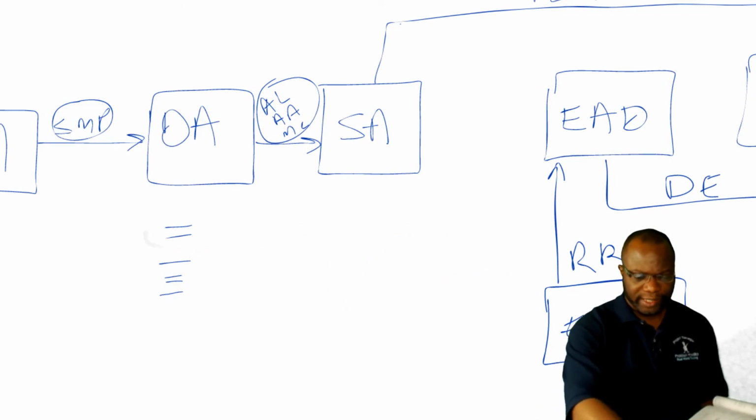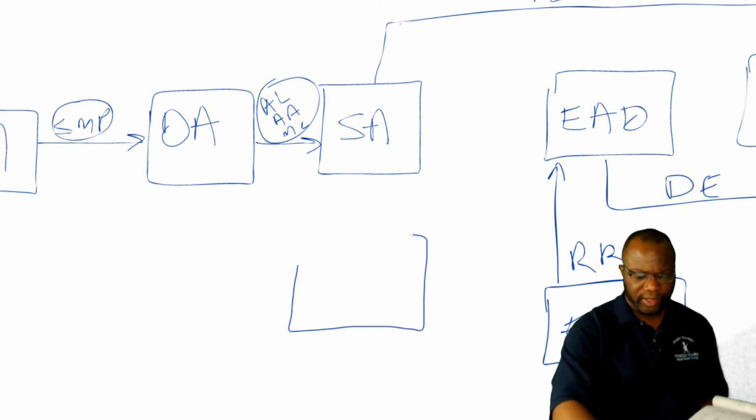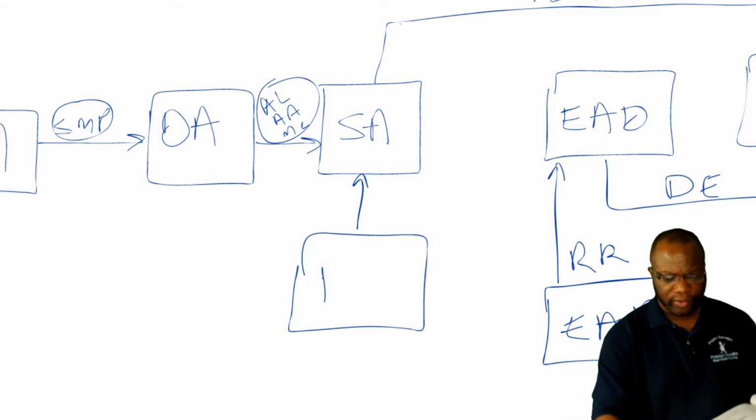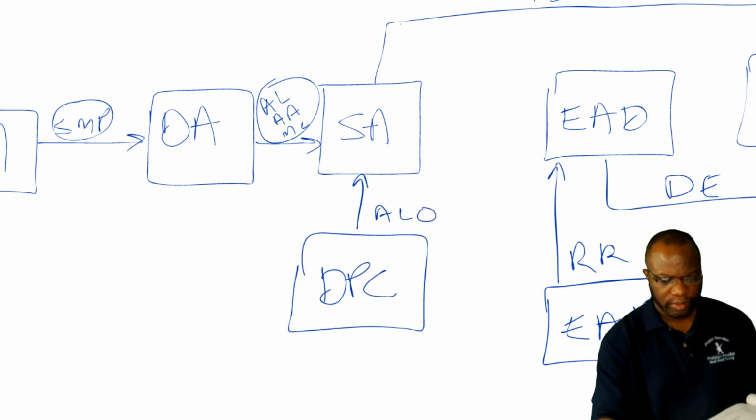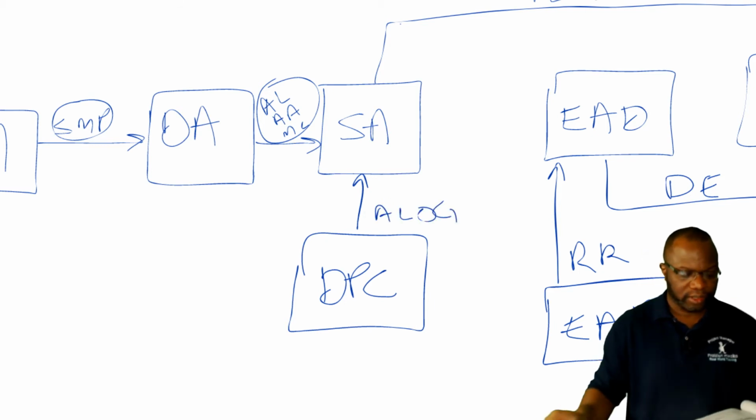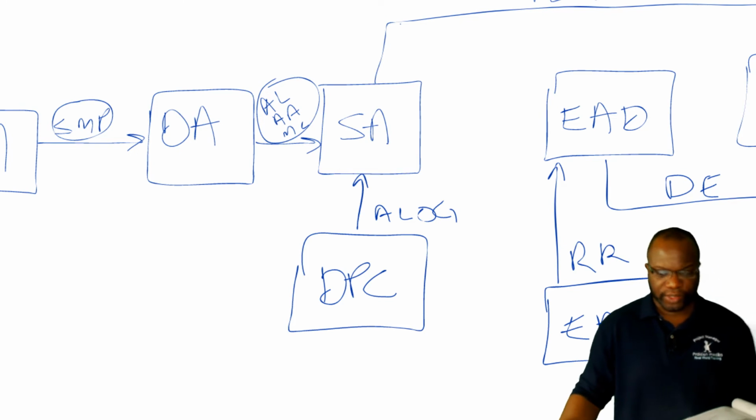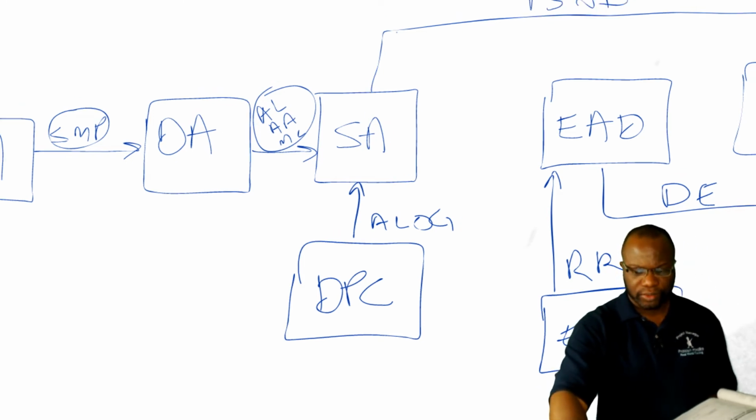When you are sequencing activities, you should consider anything assumed. And therefore, the develop project charter process gives you the assumption log, and the assumption log is considered when you are sequencing activities.